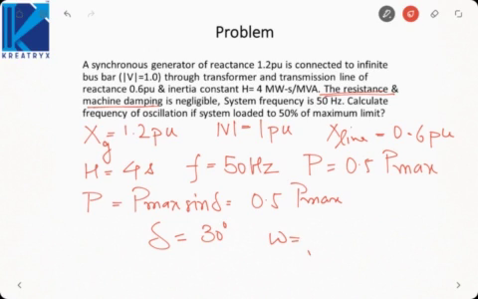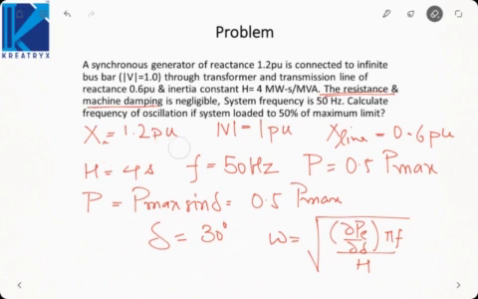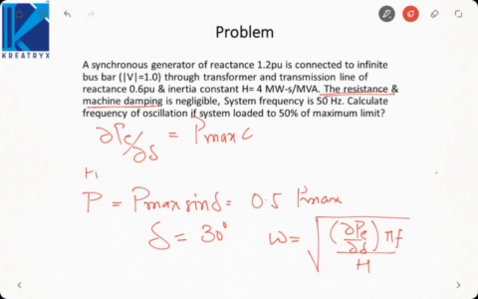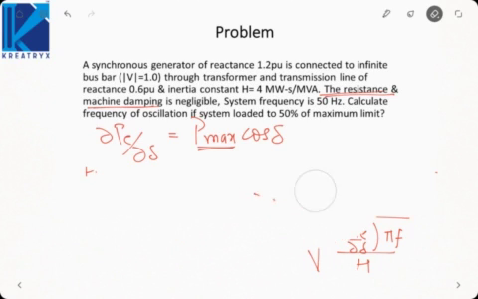Omega we wrote it as root of ∂P/∂δ into πf upon H. So first we have to calculate ∂P/∂δ. Since P is equal to Pmax sine δ, ∂P/∂δ would be Pmax cos δ. Now I know the value of δ is 30 degree, but I do not know the value of Pmax. So first let us calculate Pmax.